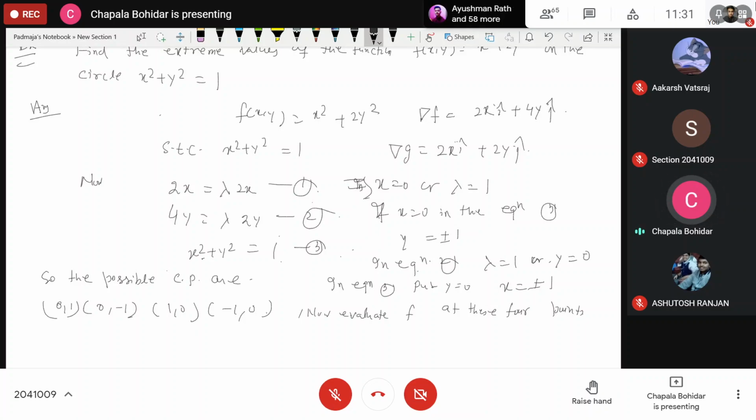f of 0, 1 is 2. f of 0, minus 1 is also 2. Then f of 1, 0.